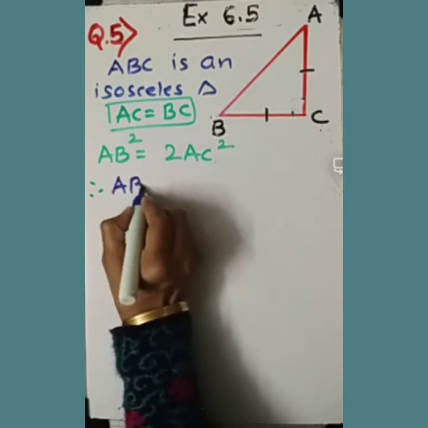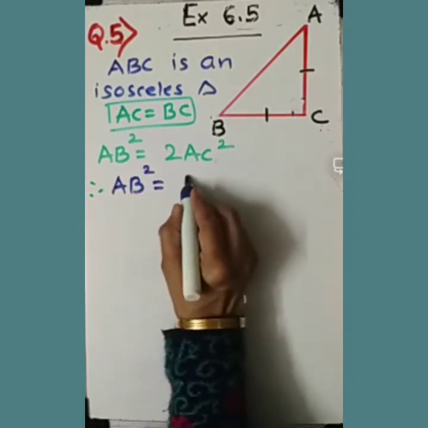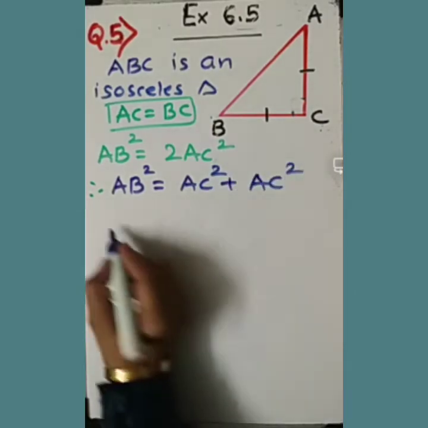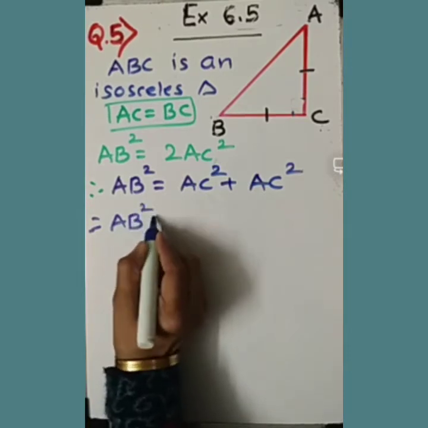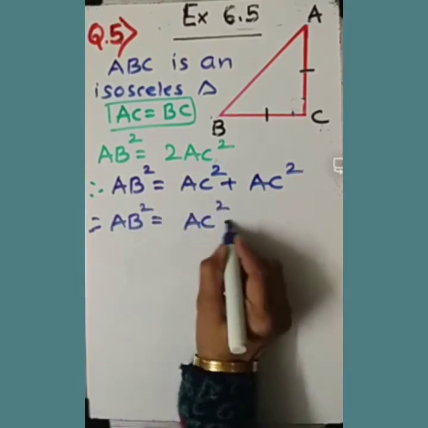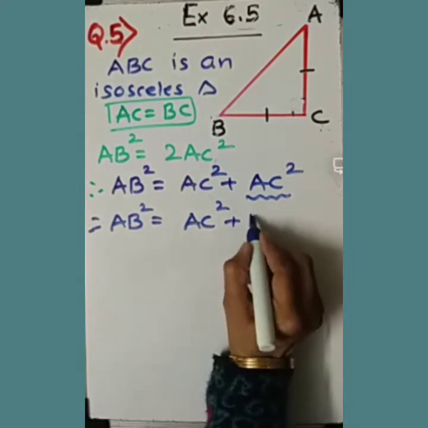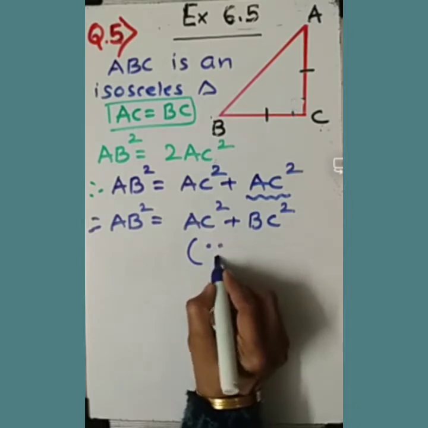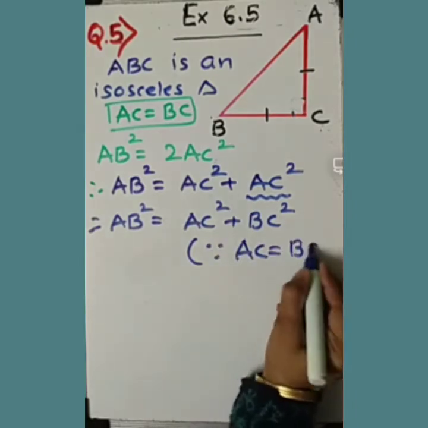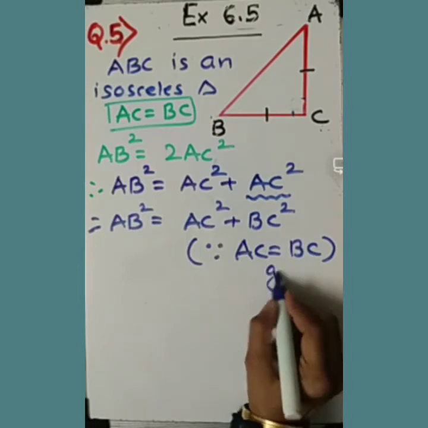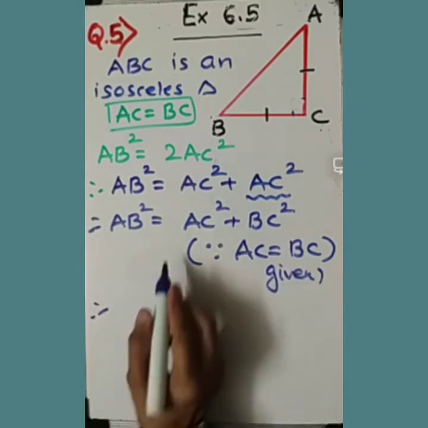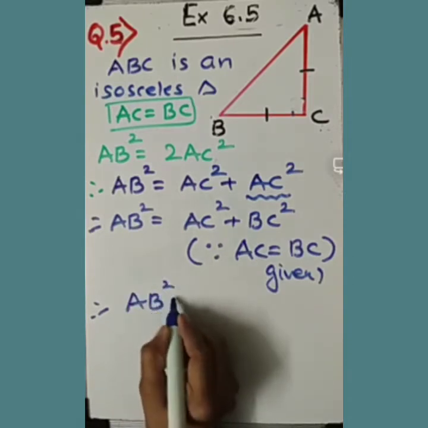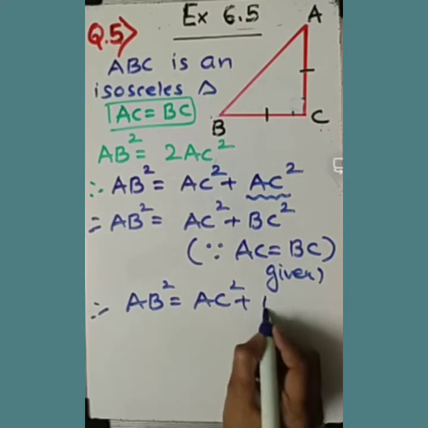You can see AB square equals 2AC square can be written as AC square plus AC square. Now, in place of one of the AC square, I am going to write BC square. The reason is that AC equals BC, already given. So the important result with us is AB square equals AC square plus BC square.